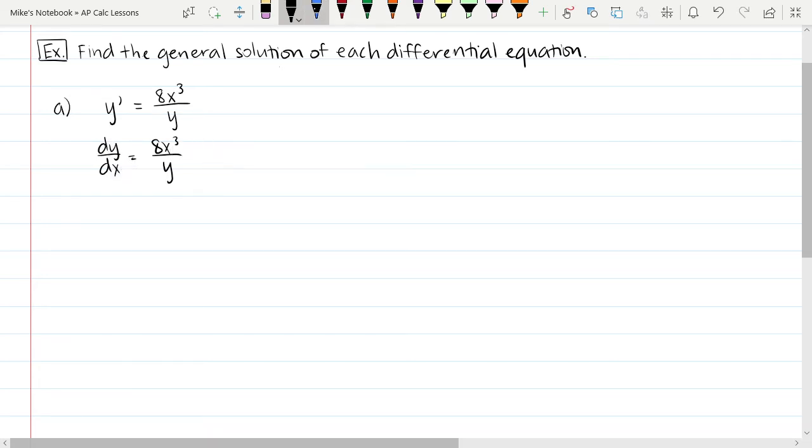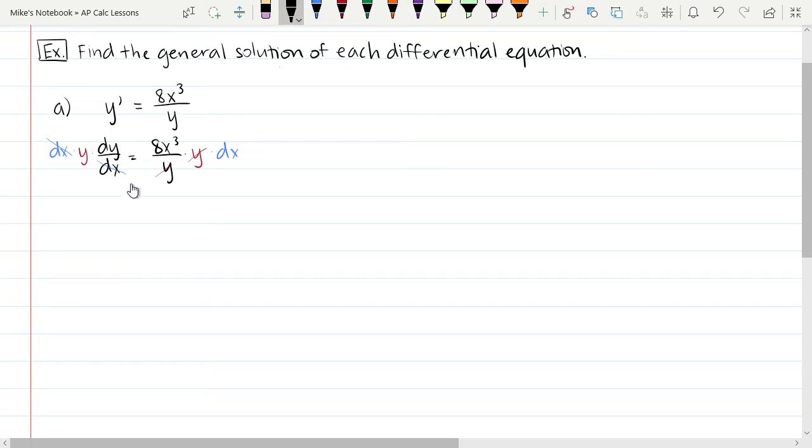So that means I'm going to multiply both sides by a y. Now, you don't normally have to show me that you're going to multiply both sides by a y, but just for the sake of this example, I'm going to go ahead and show that. So I'm going to multiply both sides by a y, and that makes these y's divide out. I'm also going to multiply both sides by a dx, and that makes the dx's on the left side cancel out.